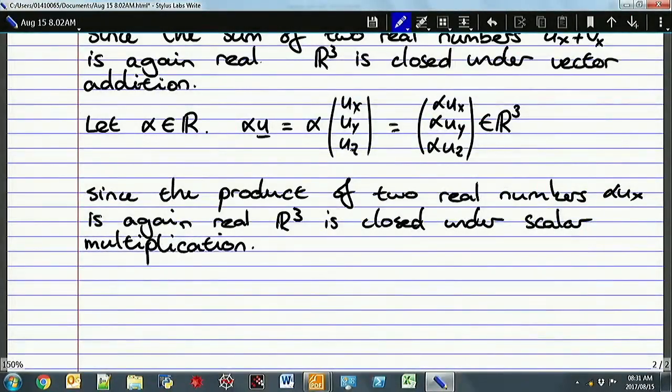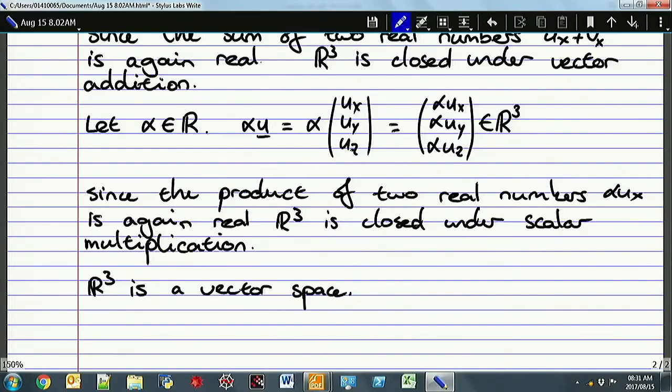And now that we've said R3 is closed under vector addition and R3 is closed under scalar multiplication, we might conclude here R3 is a vector space. Right, we've shown that these two conditions are satisfied.